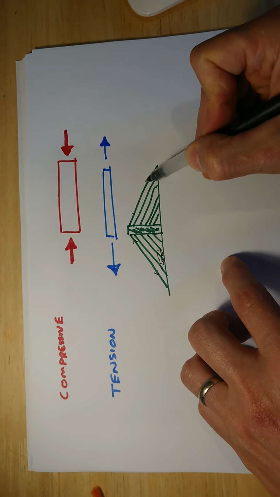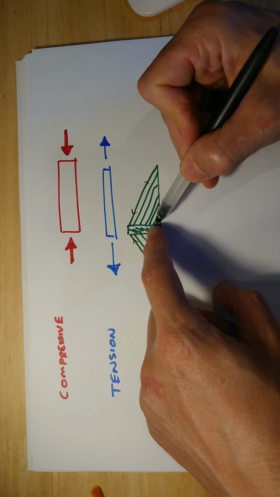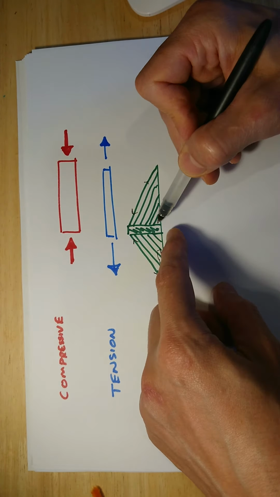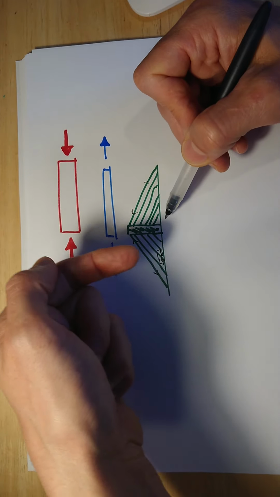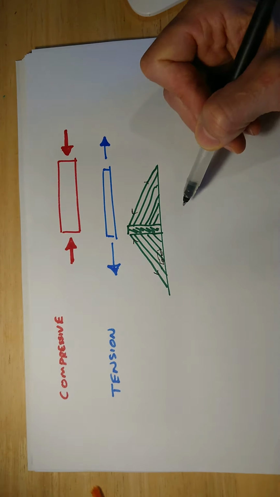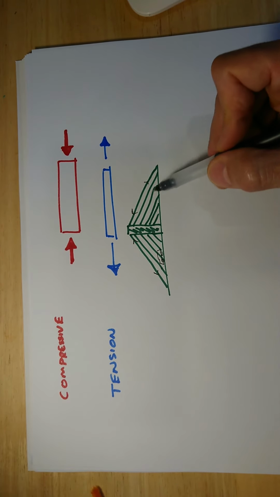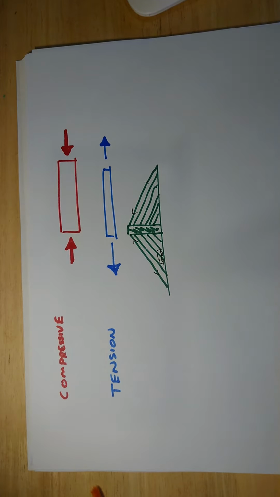Imagine it's all getting pulled down on average the same both sides, and it's all getting squashed. So this middle bit sees compression because there's a component to these wires which is vertical, compressing this concrete pillar. So this would be concrete in compression, and these wires would be in tension. So that's two main forces, compressive and tension.